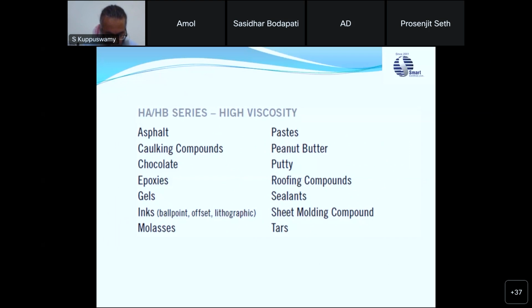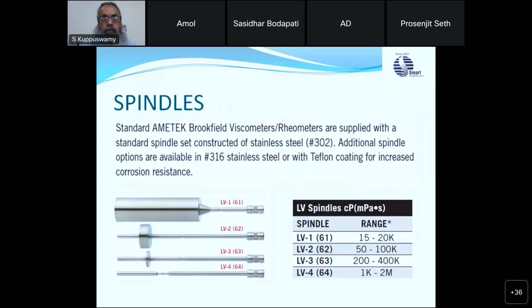Then HA and HB torque range viscometers are used in asphalt, then chocolate industries, gels, inks, and many more. So these are the LV torque range spindles. The spindles for the LV torque range are defined as LV1 to LV4, or 61 to 64. These four spindles are provided with LV torque range viscometers.